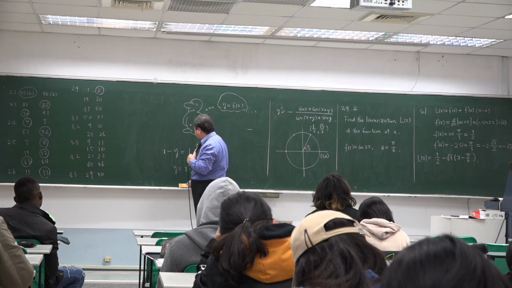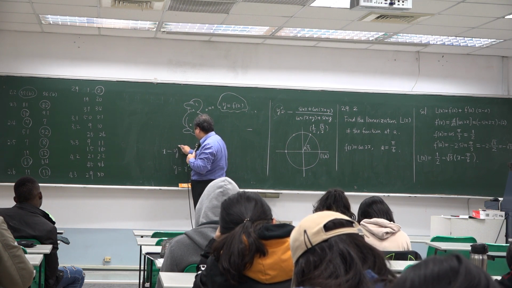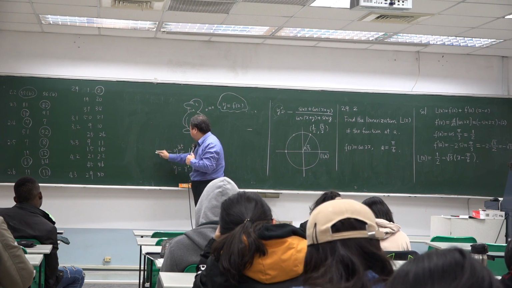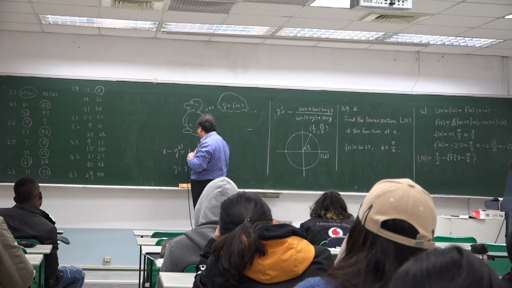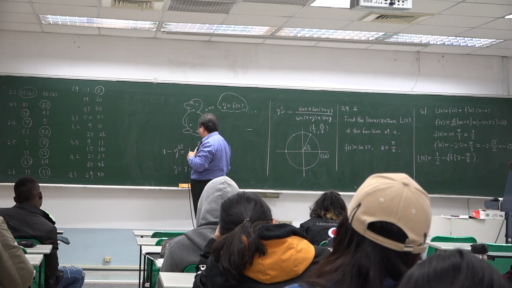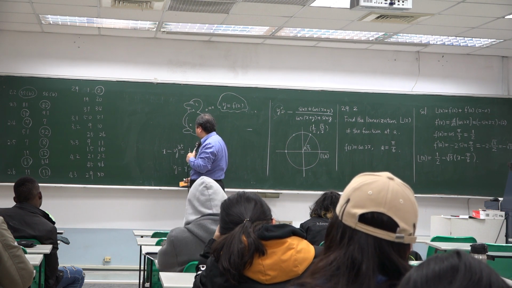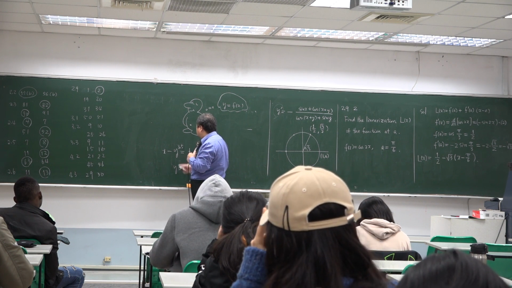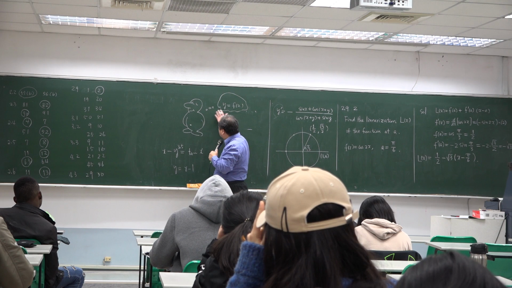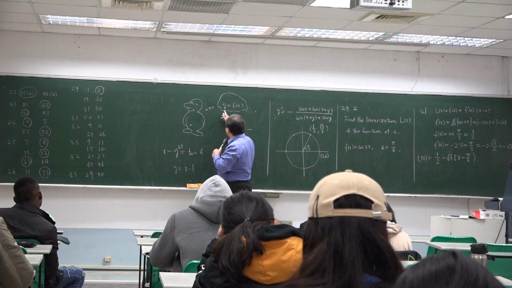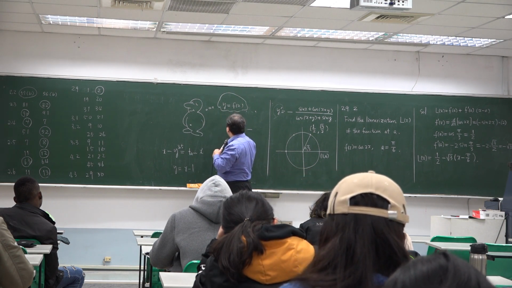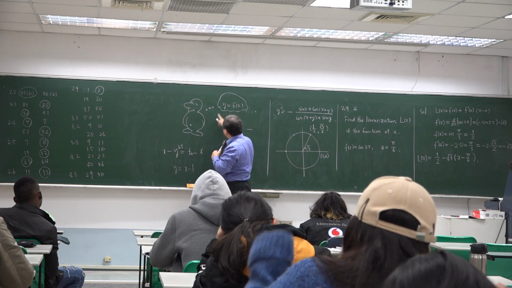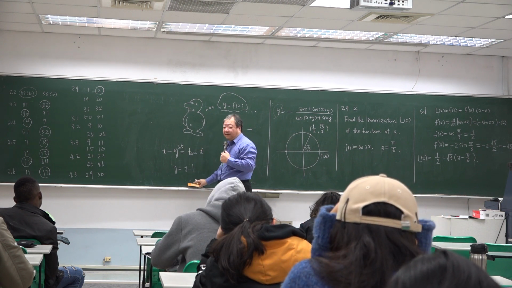But usually, for more complicated cases, maybe we cannot find an explicit expression of y in terms of x, but in our mind, we already keep in mind here y is a function of x.